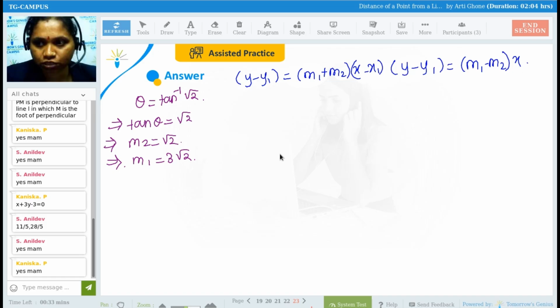You can use these two types of equations for solving. Tell me the answer now.